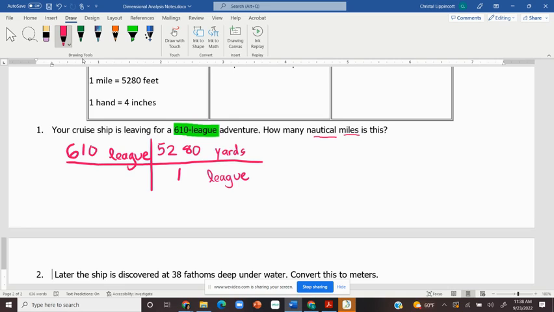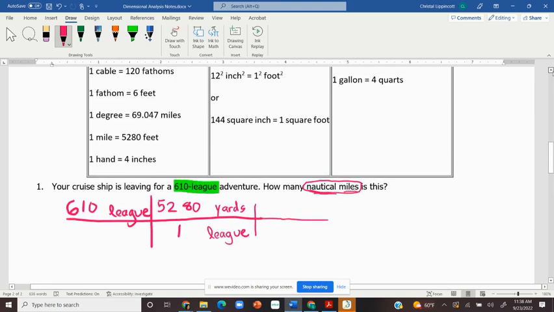All right, we need to keep going. I'm going to look up top and see if I have anything for yards. I don't think that I do there, but I do have something for nautical miles. What is nautical miles coming from in the units up here? Feet.